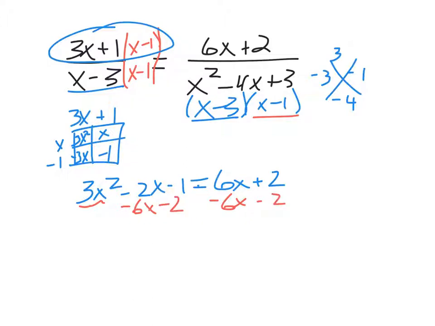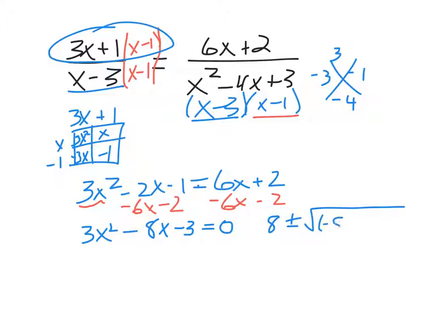Once again, the problems I give you are always going to factor, but if it's a number in front of your x squared, a leading coefficient other than 1, I don't really suggest factoring it. So I would suggest doing the quadratic formula. x equals opposite b plus or minus the square root of b squared minus 4ac, all over 2a.